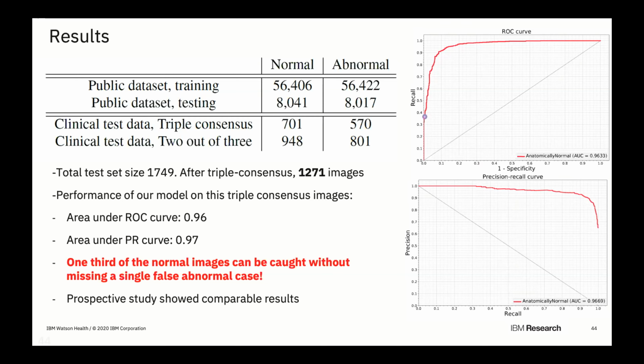Given the interest of time, I'm going to skip through some of the details, but you can see the main result said that we could filter out as many as 30% of the normals without missing a single abnormal case with the classifier that we built when tested on a brand new field data set. So this points to a potential utility of such tools for normal abnormal discrimination and expediting clinical workflows in some sense.